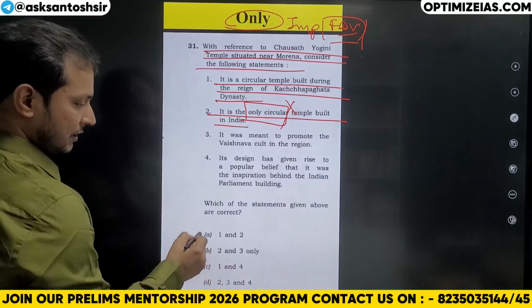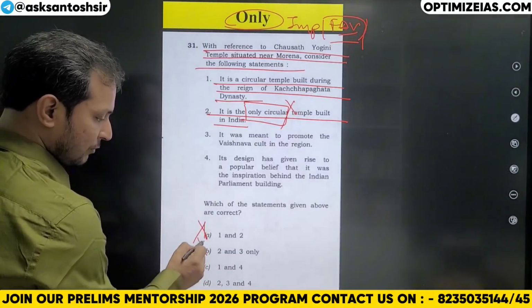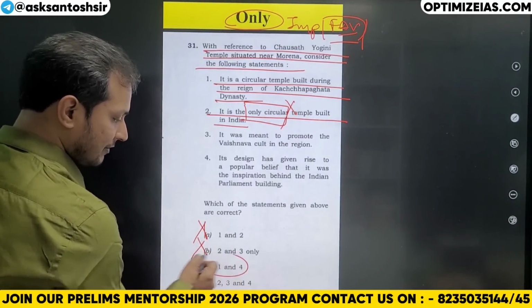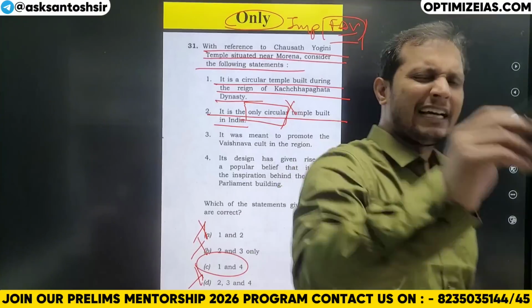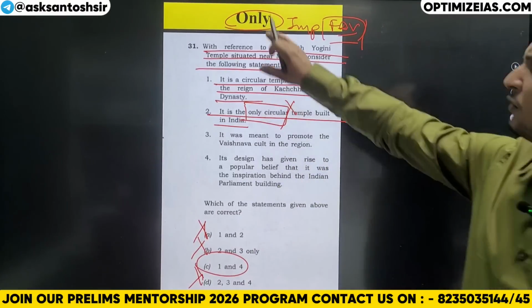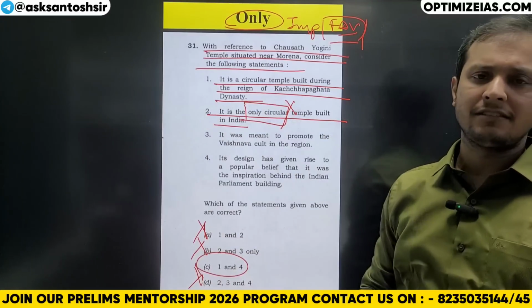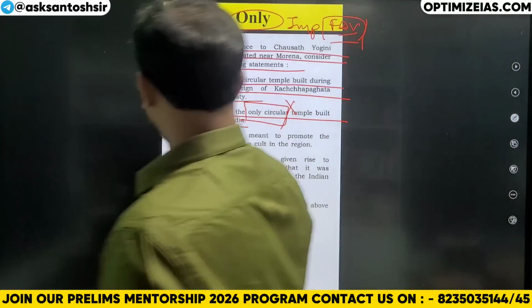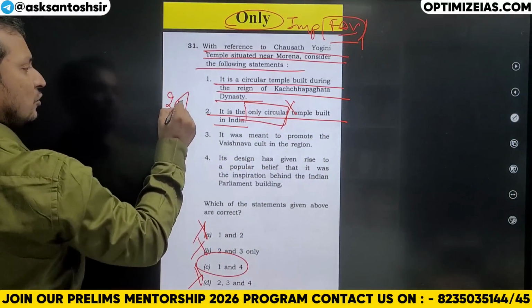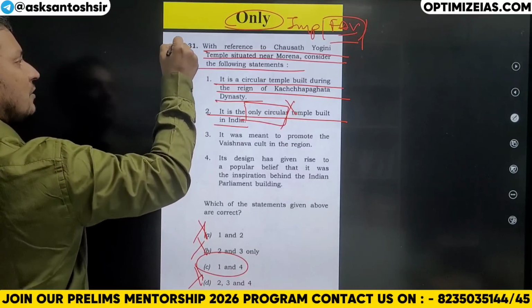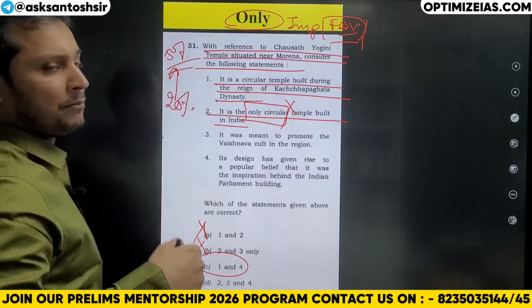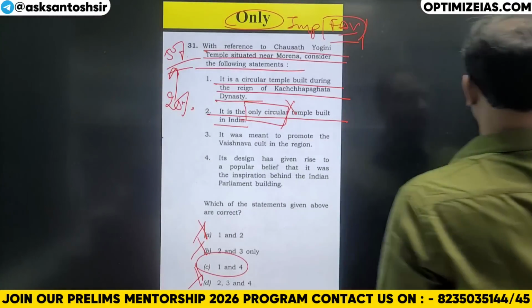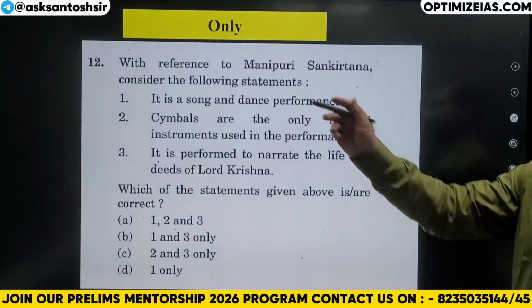Remove "only". You get the answer. So in many cases, if you remove the extreme word, you will get the answer directly. In some cases, from 25%, you will be able to increase your accuracy level to 50%. But in many cases you will get the answer like this. Again, you see "only".